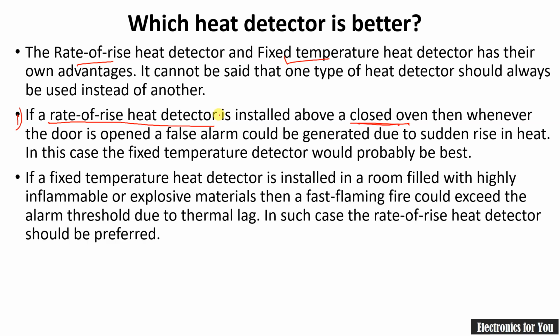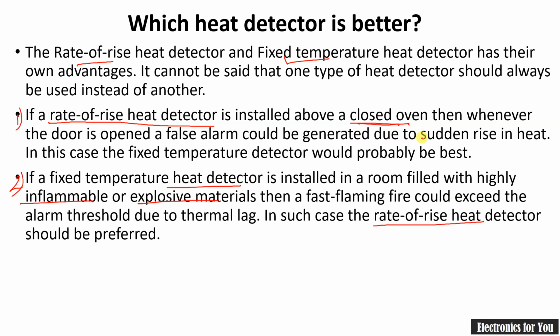Let us assume the second example. In a room where, for example, inflammable or explosive materials are present, and due to fast flaming, if a fixed temperature heat detector is installed in this room, due to thermal lag it may not give any alarm, and therefore in this case a rate of rise heat detector should be preferred.